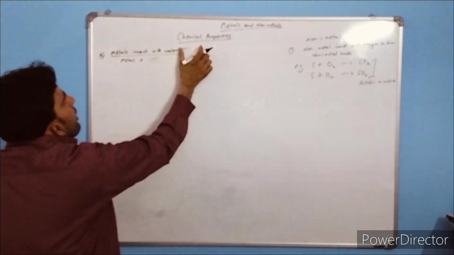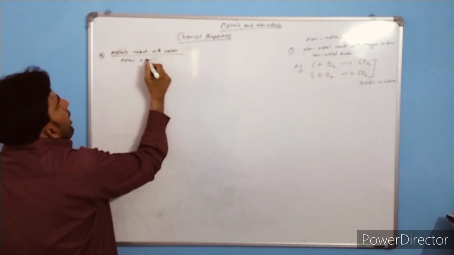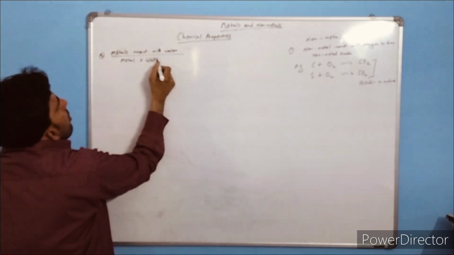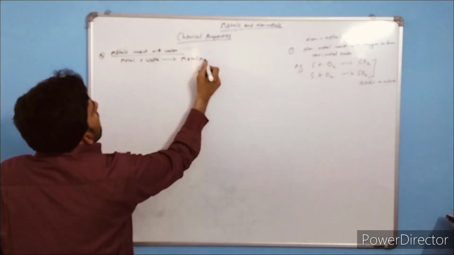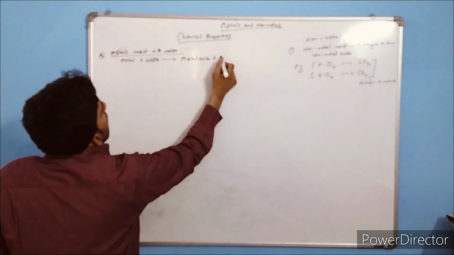First I will write it in word form. Metal reacts with water to form metal oxide plus hydrogen.